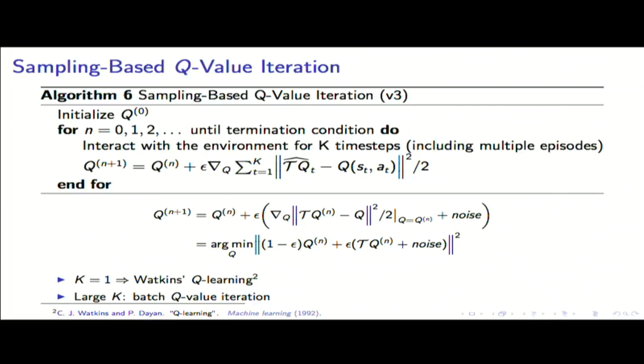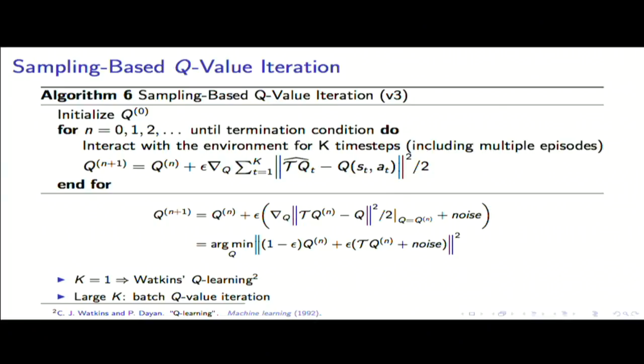So you need to be a little careful about some conditions, like visiting every state action pair infinitely often and choosing the right step size schedule. But if you do that, then as n goes to infinity, you converge to Q star, the optimal Q function. So that's the k equals 1 case.